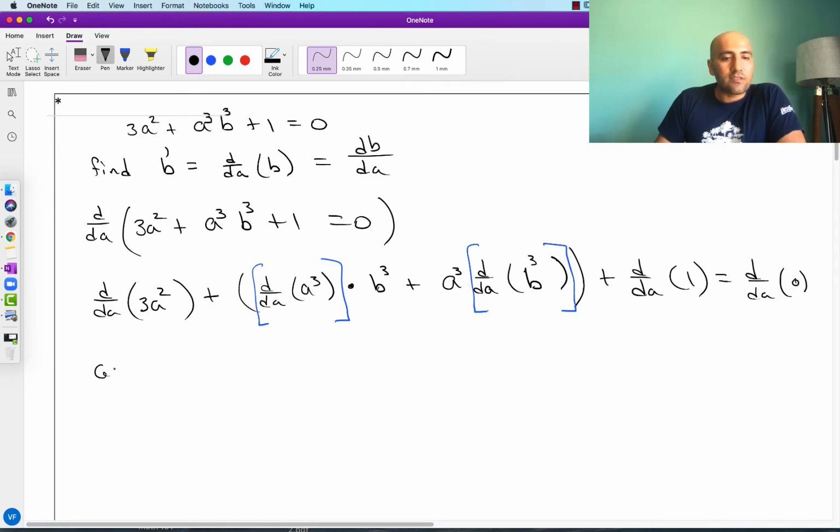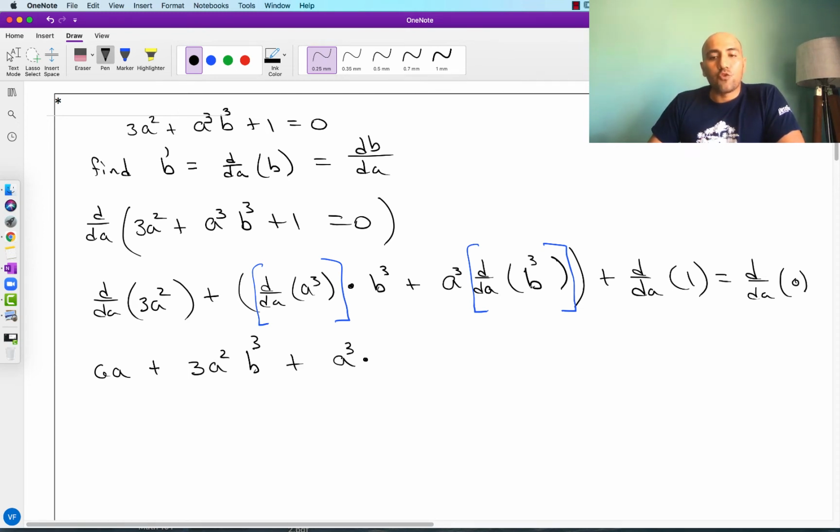So this is equal to 6a to the power of 1, or just 6a, plus, and again, this matches. The variable of differentiation is a, and this is written in a. So this is equal to 3a squared b cubed, plus, now we leave the a cubed alone, times, and now here's where they don't match.